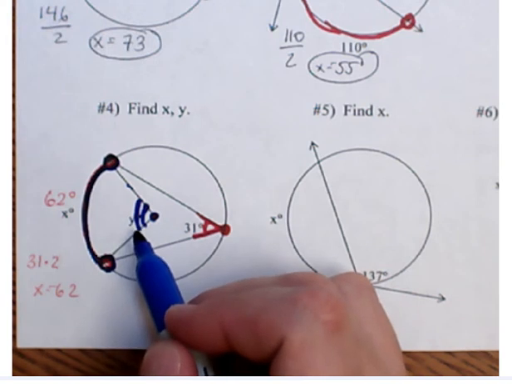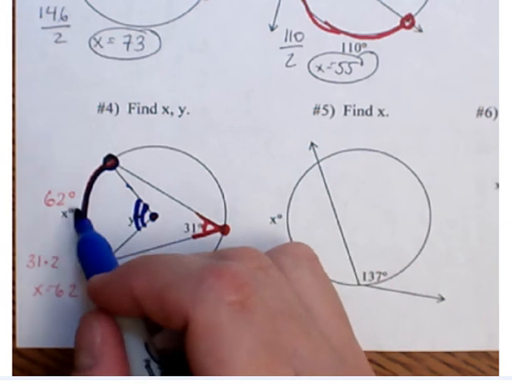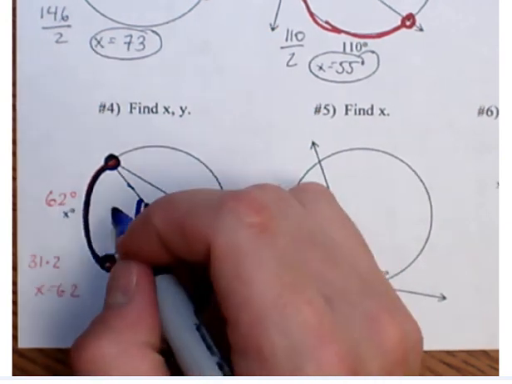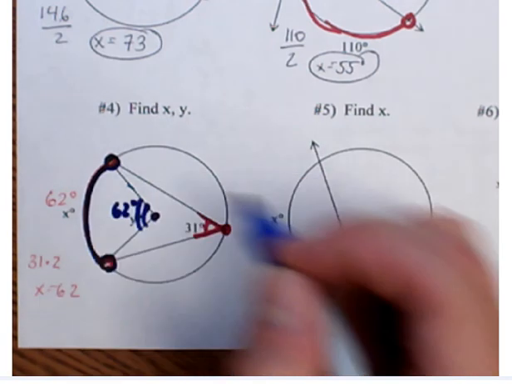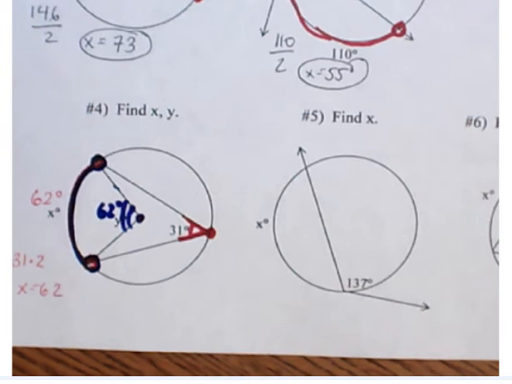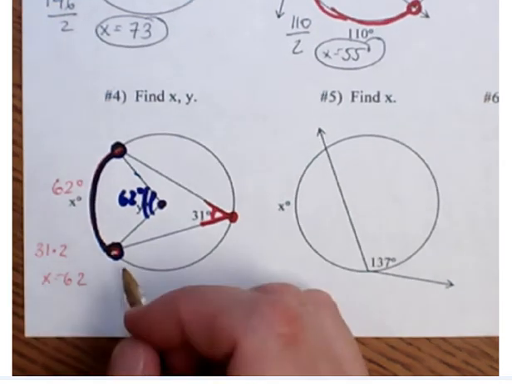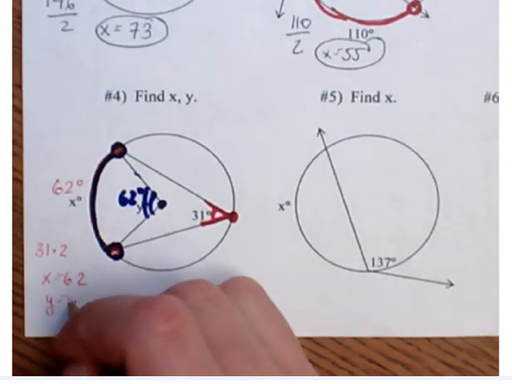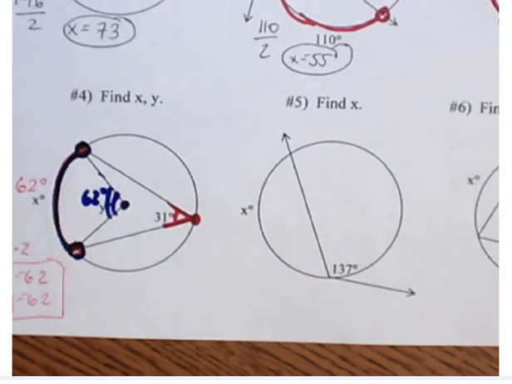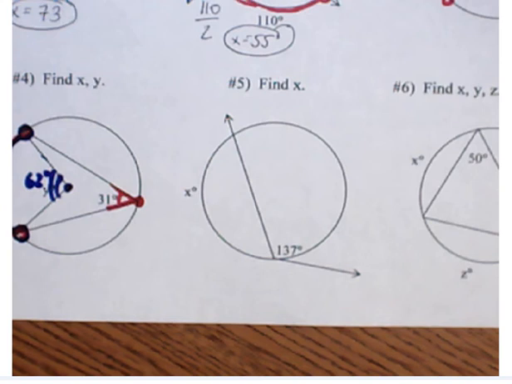Yesterday we talked about central angle is the same as the arc measure. So if the arc measures 62 degrees, the central angle is also 62 degrees. Okay, so x is 62, y is also equal to 62. Okay, there's our answer.